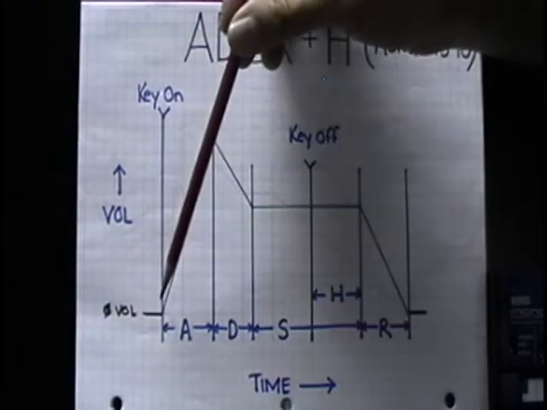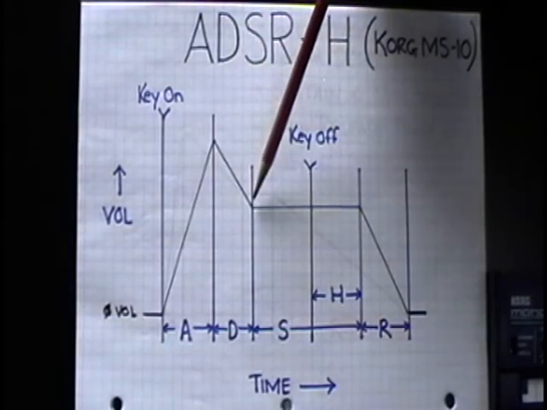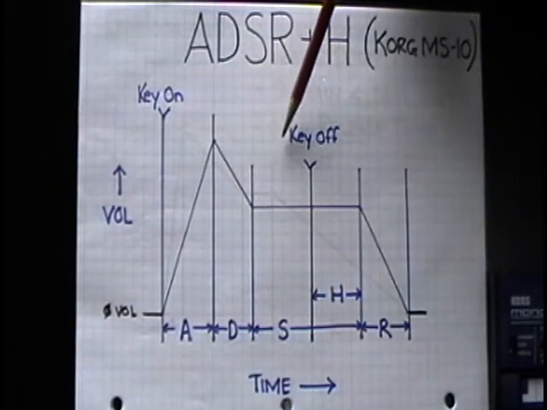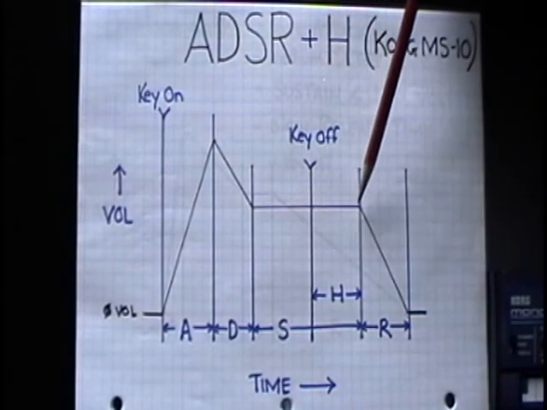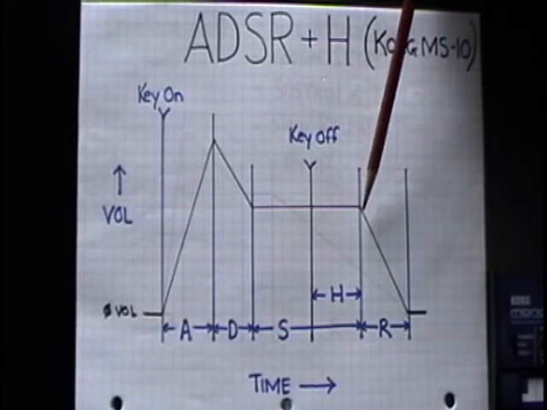So basically, key on, volume shoots up to the maximum, drops back down to the sustain level, assuming it's something less than 10. And if it were 10, then it would just stay up here. Once the key is released, it stays at that level, the sustain level, during whatever the hold time is set at.